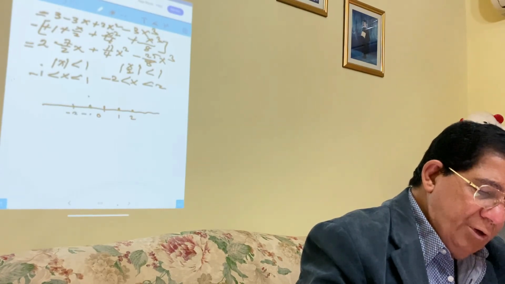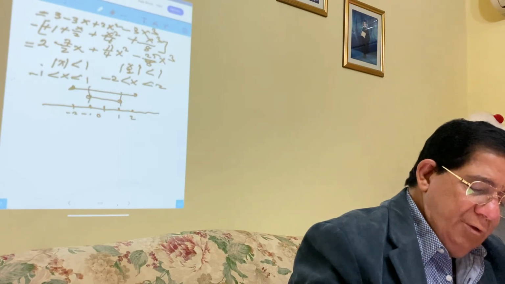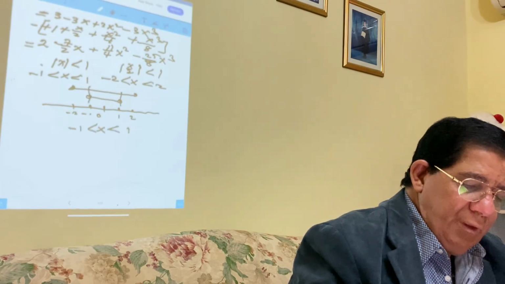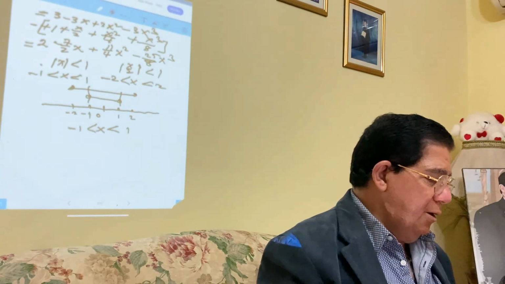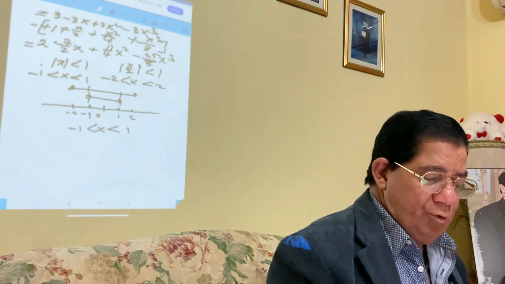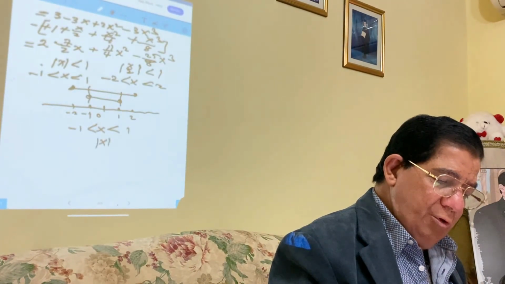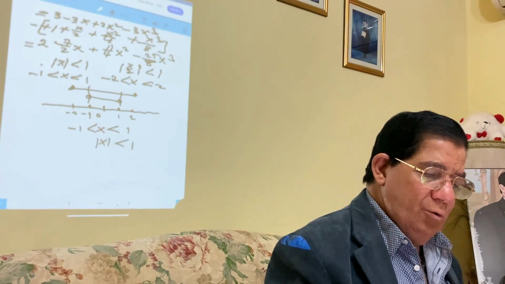One expansion is from this to this. The other expansion is from this to this. What is the common region? That x is between negative 1 and 1. And this is the condition for the whole expansion to be true, either like this or saying modulus x is less than 1.